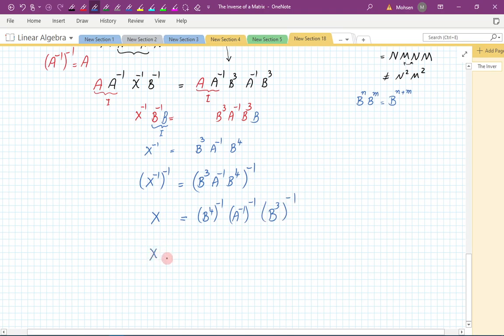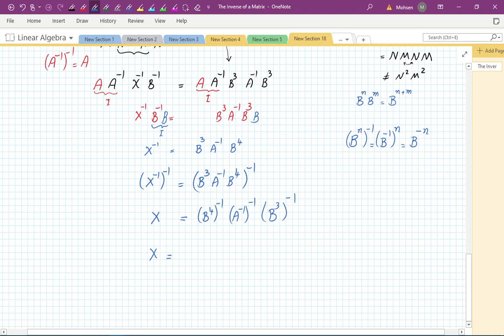Now we are going to have one more rule that says if you have b to some power and then you find the inverse of it, the answer is actually the same as if you have the inverse and then raise it to that power. And for that reason we create a new notation and define what a matrix to a negative exponent is going to mean.